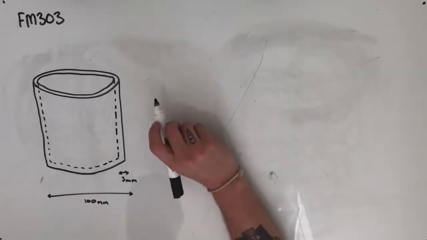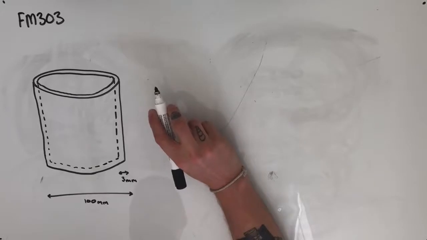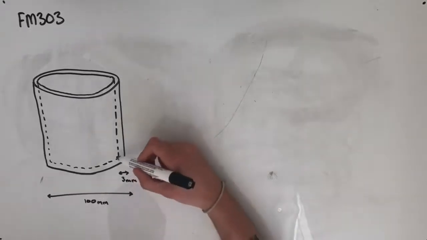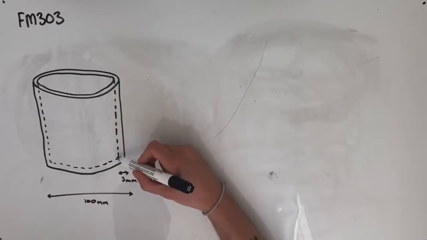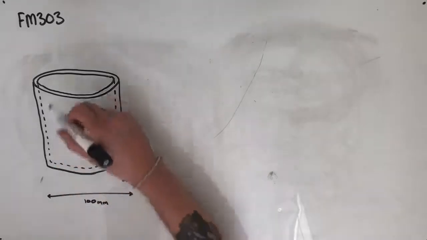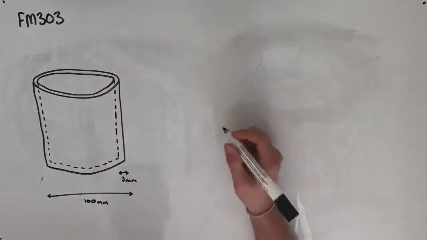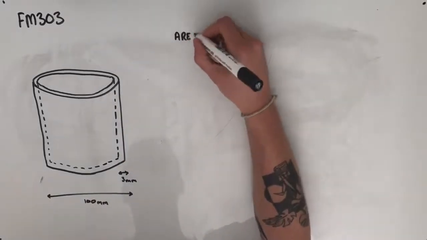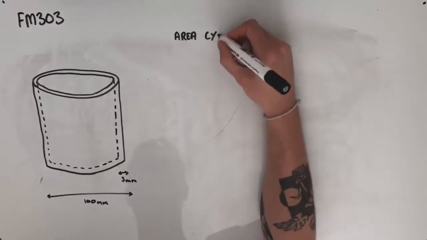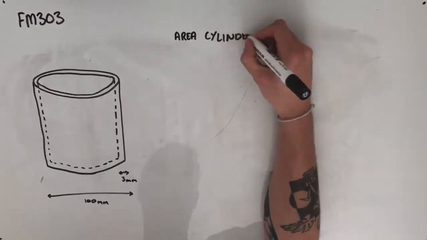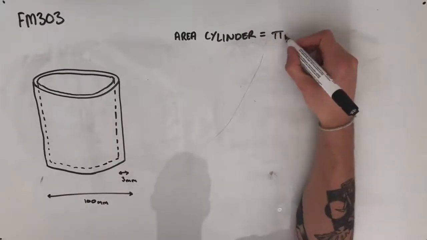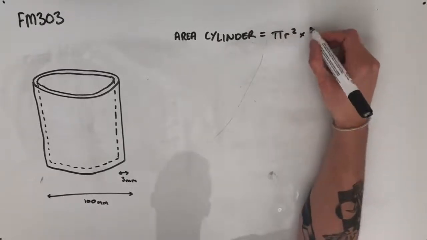So setting up this question, we want to find the height of this pipe through knowing the volume of the space that's inside this hollow pipe. If we take a formula for the volume of a cylinder, which is pi r squared times height.